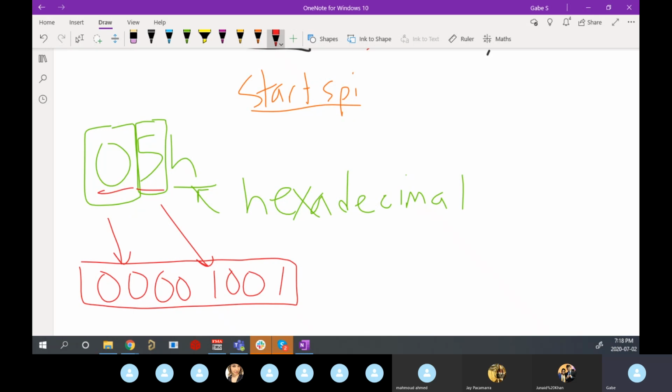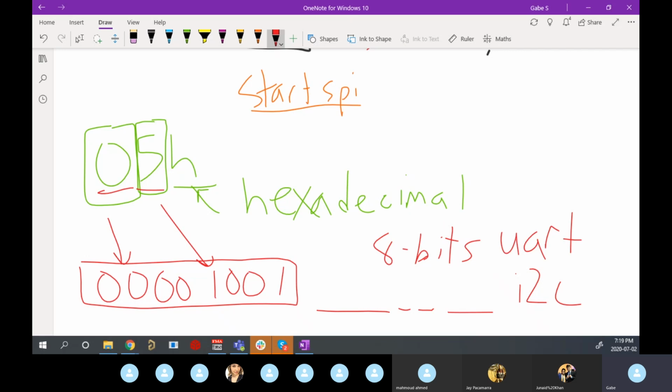And what's cool is that in SPI, it doesn't matter. You can decide if your slave wants it, you can send 24 bits across, you can send 8 bits, you can send 12 bits, you can send 16. There's no specified standard like we had with UART, where we sent 8 bits at a time, right? And in I2C, we had to send a 7-bit address, and then a read or write bit, and then we had to have an ACK, and then we had to get the data from the slave in 8 bits.